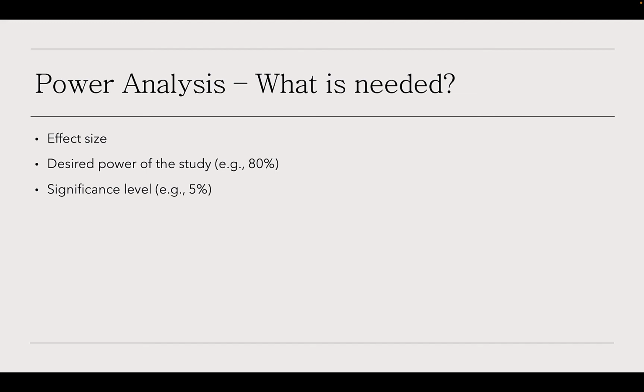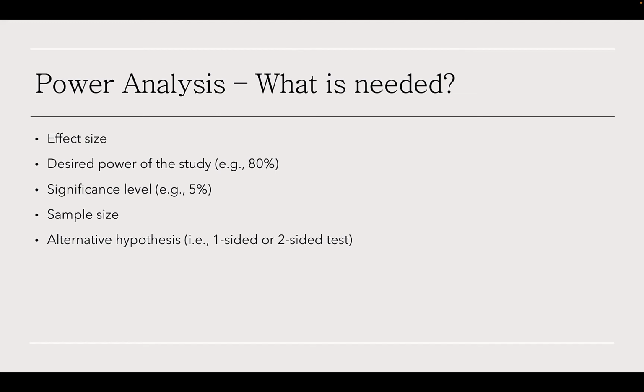Again, we tend to use 5%. We need a sample size, and we need an alternative hypothesis, meaning we need to know if we're running a one-tailed or two-tailed test. So in other words, are we testing for a difference, which would be two-tailed, or are we testing, like in this situation, boys greater than girls, which would be a one-tailed test.